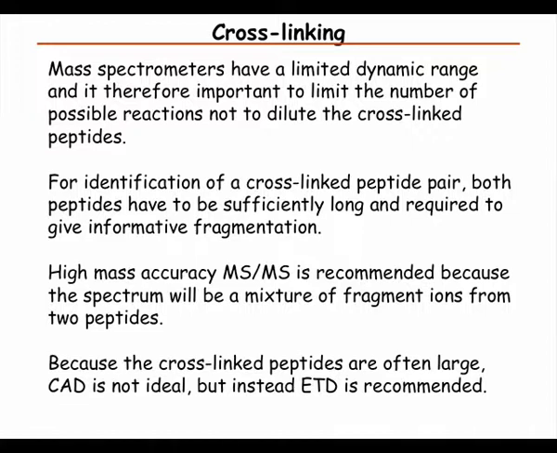So what we want to do is preferably try to enrich for the cross-linked forms. And that's what one of the recent improvements that came out a few years ago is: by using size exclusion chromatography, one can enrich for the cross-linked forms.